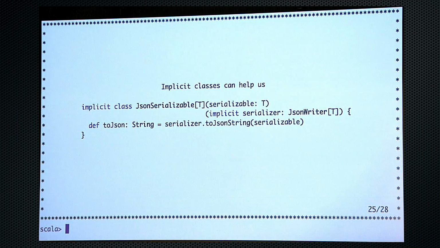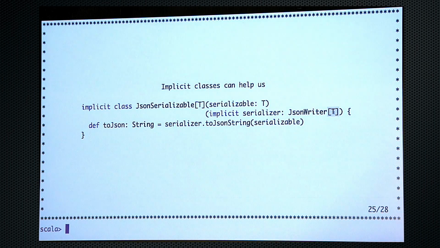We can use an implicit class here to lift our model type to something that is JSON serializable, and then use it. So what is happening here? The first part is being used to enable the lifting of the type. So the implicit class requires a serializable here, but it can only do that if it can find an implicit serializer of JSON writer for this type that we're currently lifting in the implicit scope.